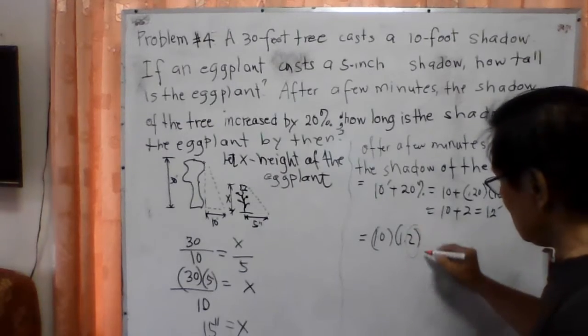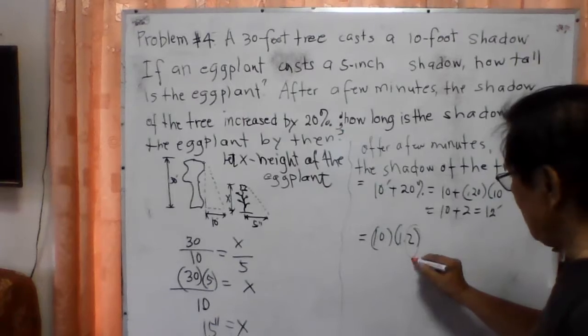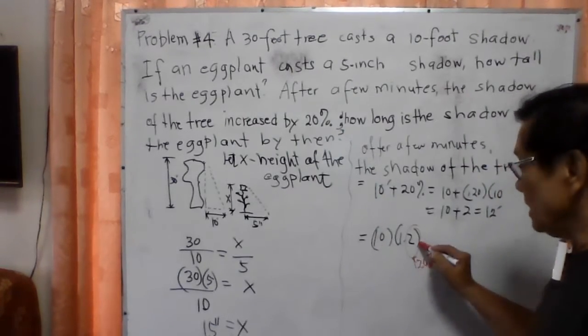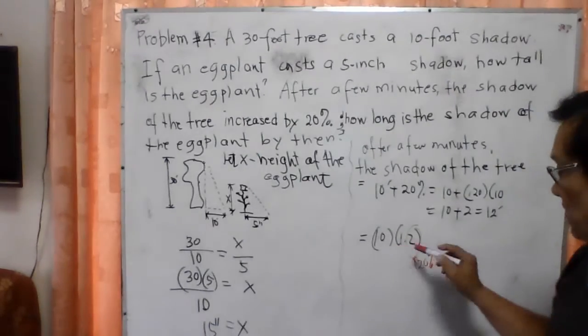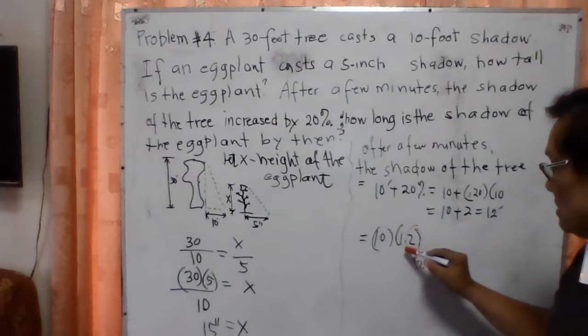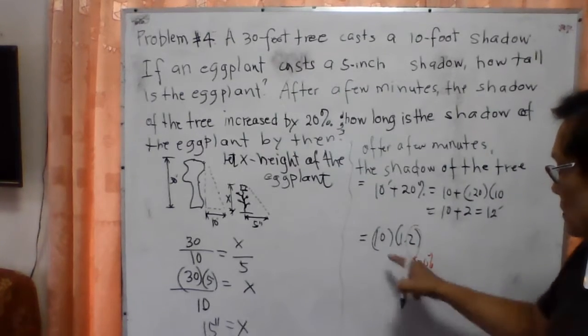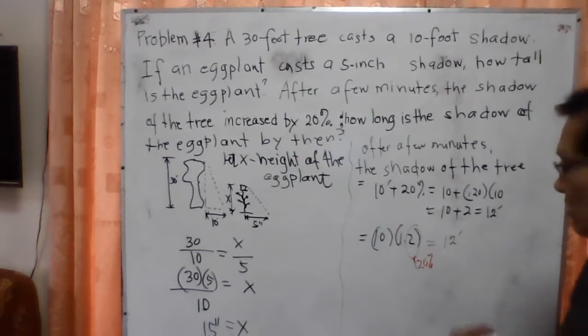This is 20%. So if you increase it, for example, by 30%, you multiply it by 1.3. If you increase by 50%, you multiply by 1.5. So this is the shortcut. So 10 times 1.2 equals 12 feet.